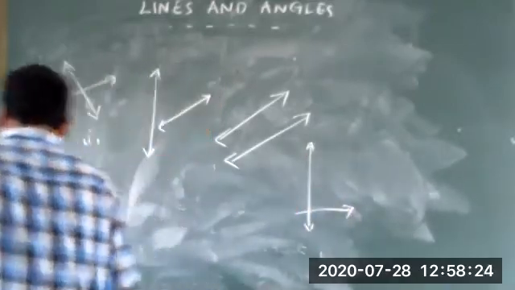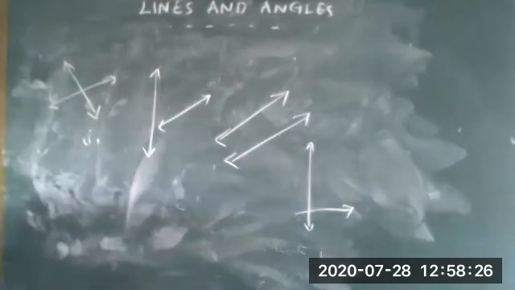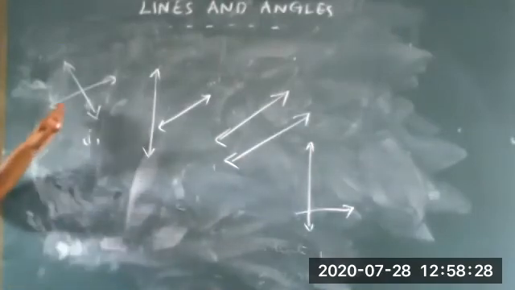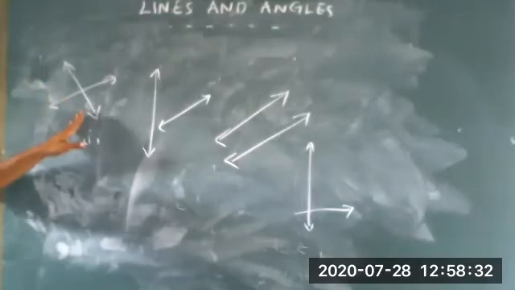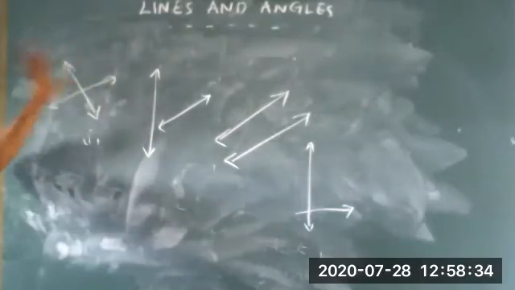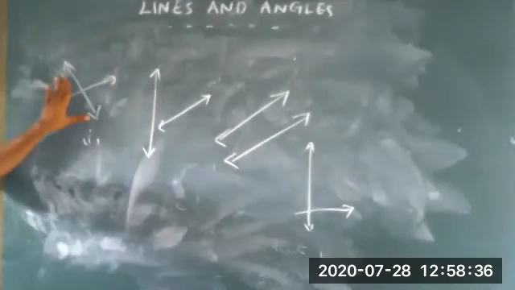What about intersecting? When two lines meet at one point, the two lines are called intersecting lines. So the first one is intersecting.